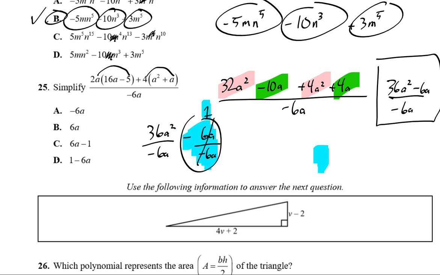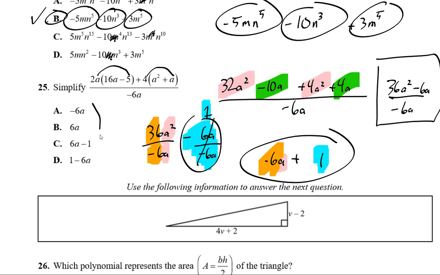So we've got a 1 for sure. And for our part over here, we'll do them bit by bit. 36 over negative 6 is going to be negative 6. So 36 by 6 is 6, and negative is only one of them. And a squared over a to the 2 minus 1, that's just a. So we have negative 6a, and we have a 1.